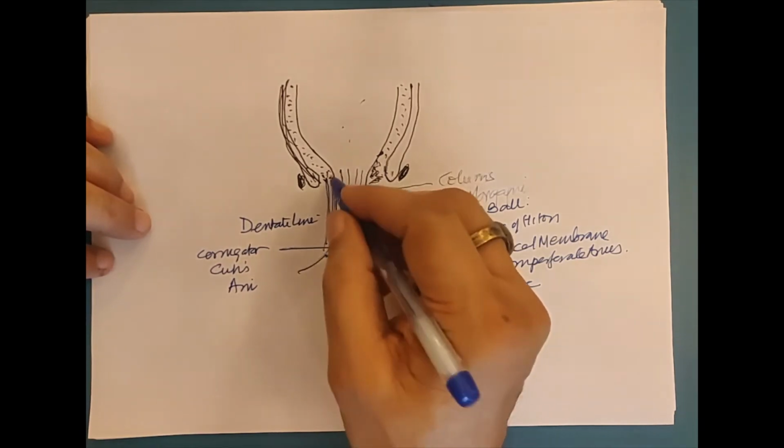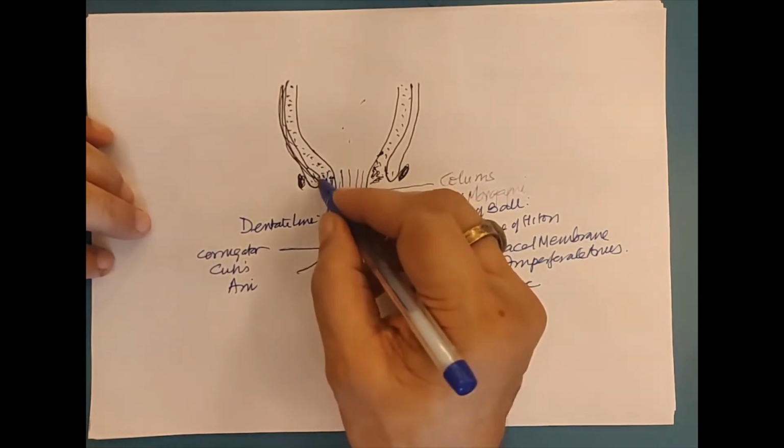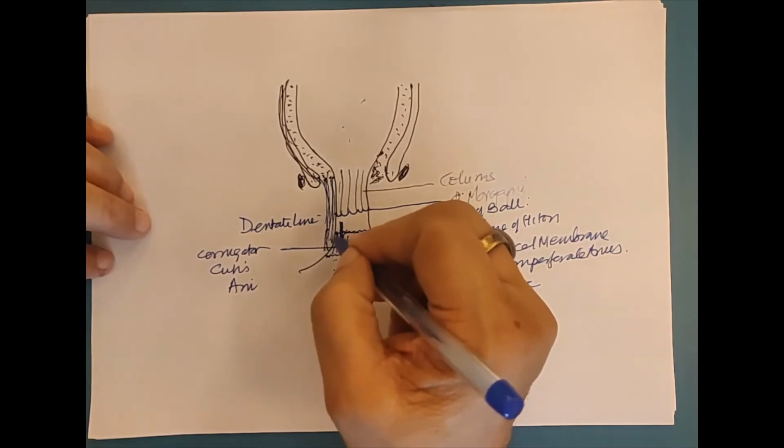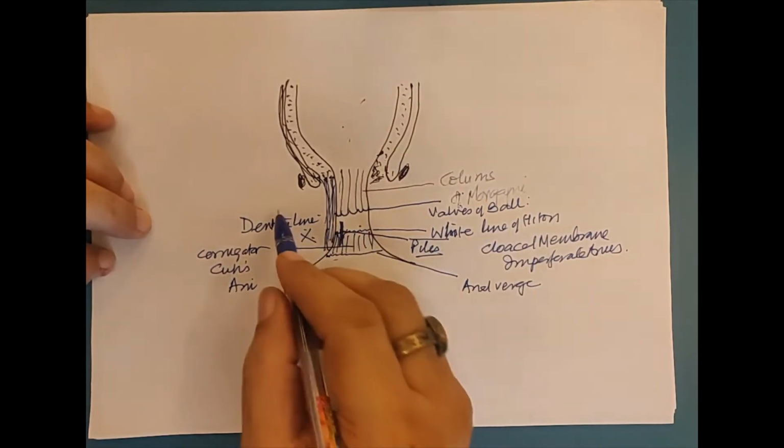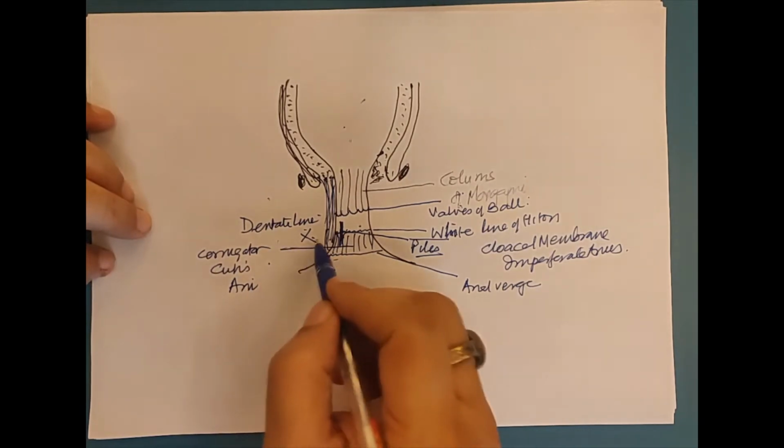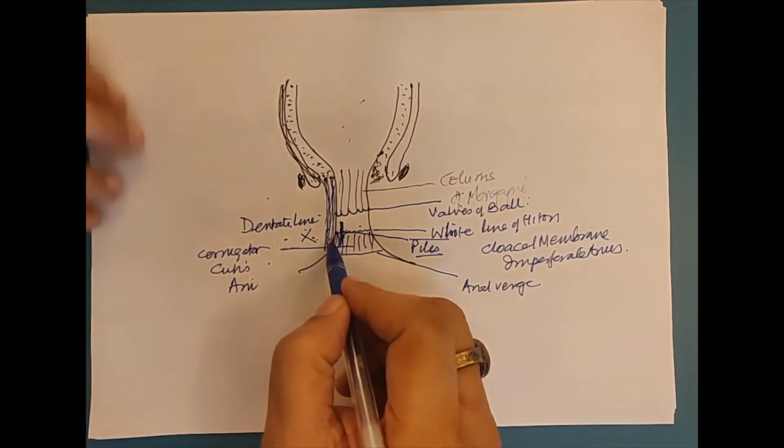And of course, there are the circular muscle and the longitudinal muscle fibers that come around here. Outside this, between the anal canal and the obturator internus, is the ischiorectal fossa.